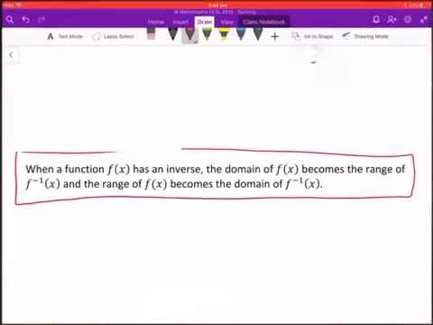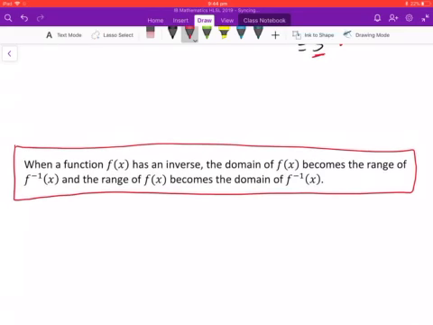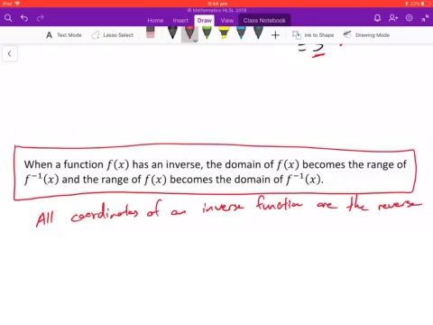So if I want to find coordinates on an inverse function, I simply reverse the x and the y. Another way to think about this is all coordinates of an inverse function are the reverse of coordinates of the function.